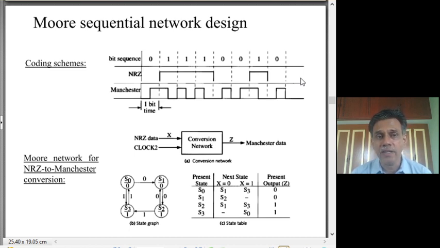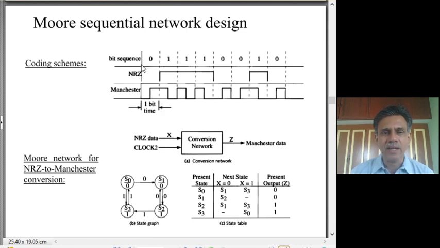Those issues are related to the communication system, which at this point we cannot go fully in depth into, but I will simply motivate what problems we may encounter. Well, in order to actually send this bit sequence and detect it properly, both the sender and receiver have to synchronize their clocks exactly. By that, they should both know when the clock period starts and when it ends.